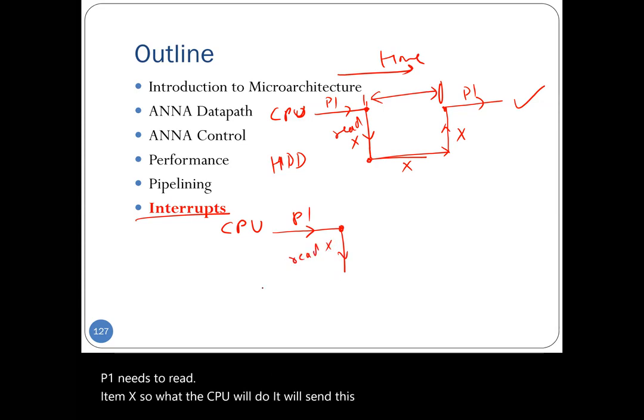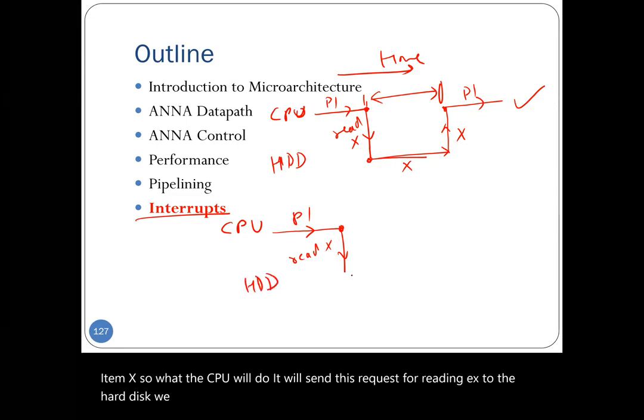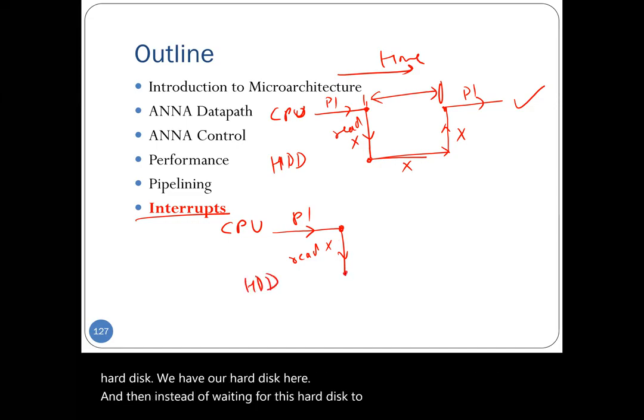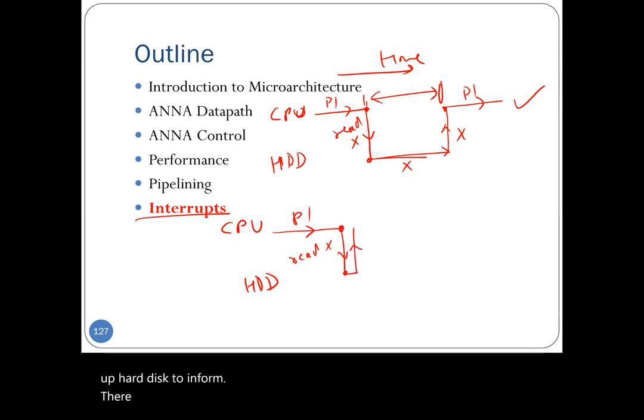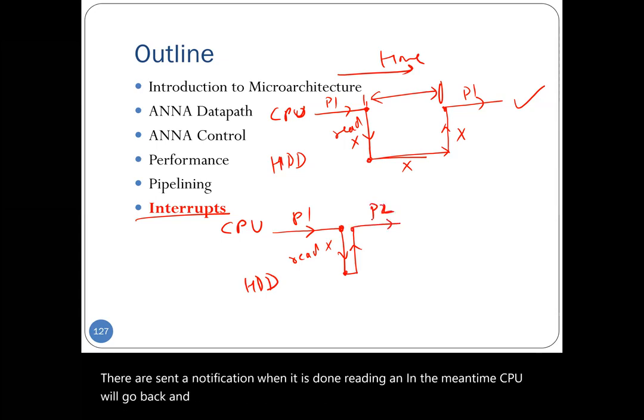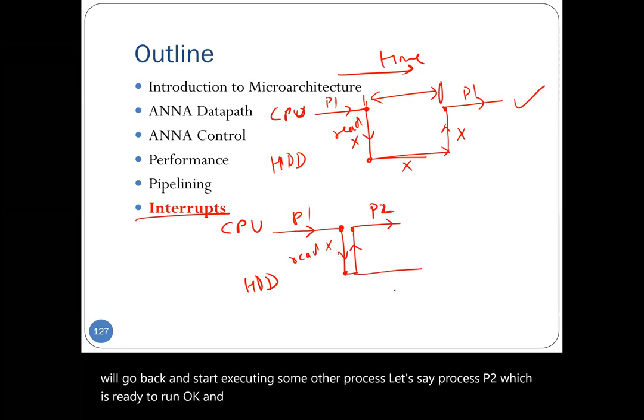Then, instead of waiting for the hard disk to complete reading of X, it will set up the hard disk to inform it or send a notification when it is done reading. In the meantime, the CPU will go back and start executing some other process, let's say process P2, which is ready to run. And the hard disk will work on reading X.